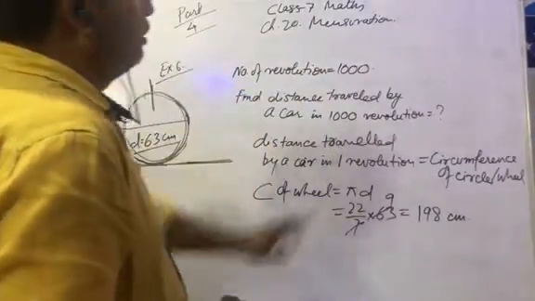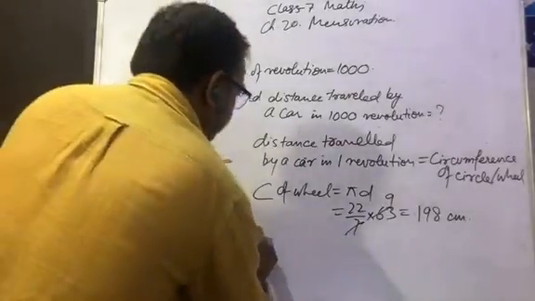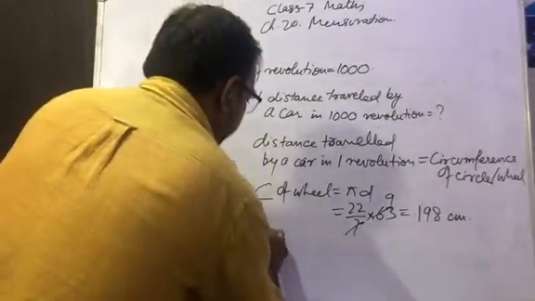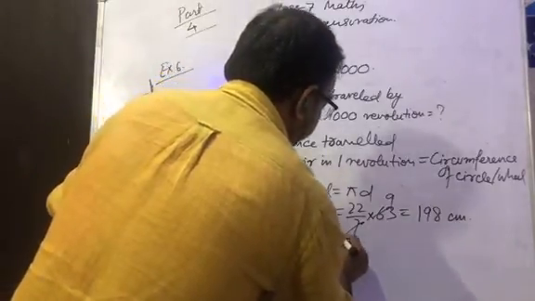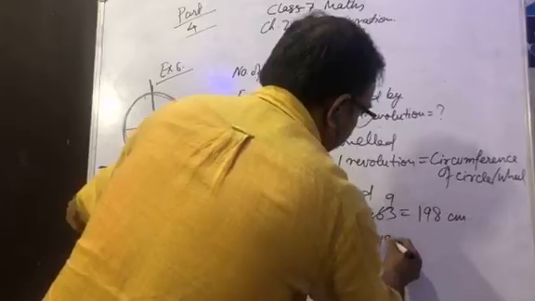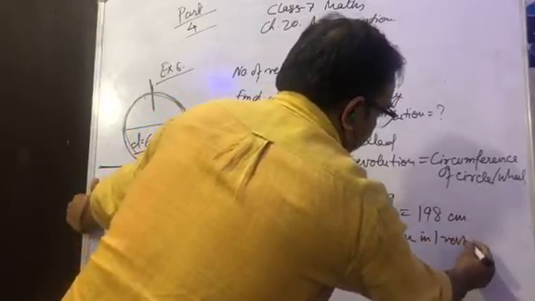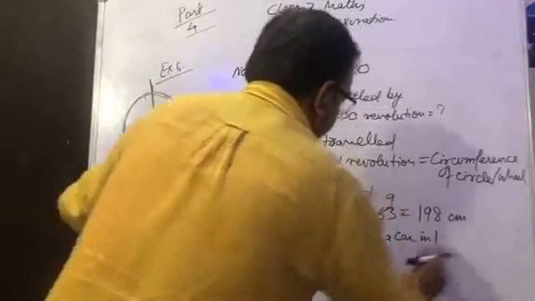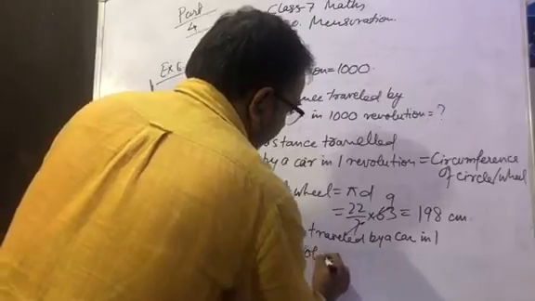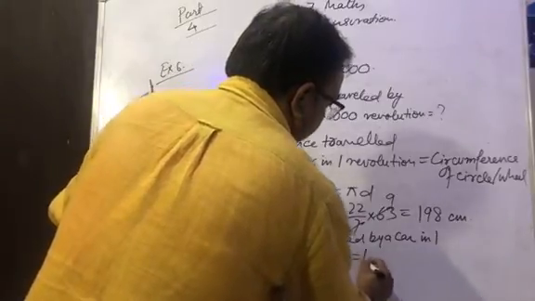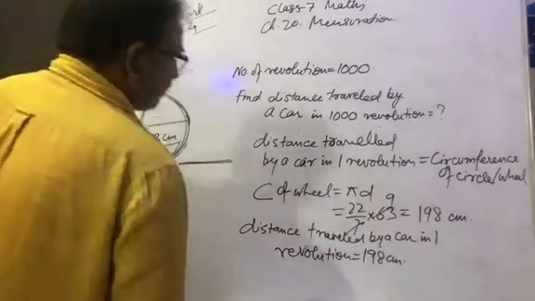If it takes 1000 revolutions, then simple. We can write, distance traveled by a car in one revolution is equal to 198 centimeter. Okay.